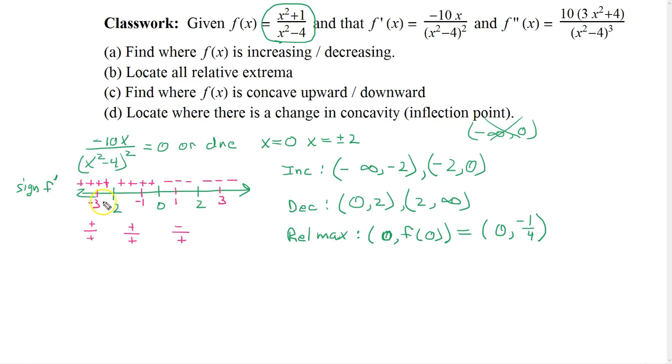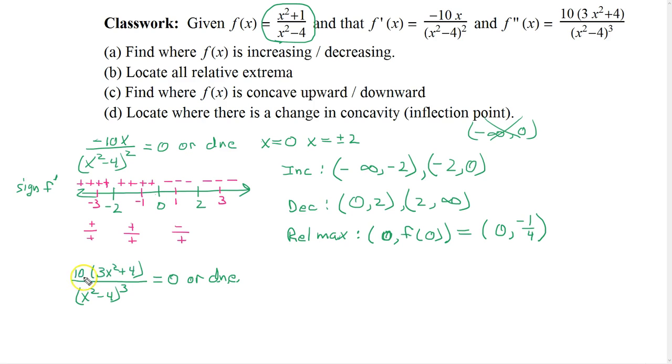Now we need to look at the sign of the second derivative. So the second derivative is given by this function, so we want to find where this function is 0 or does not exist.